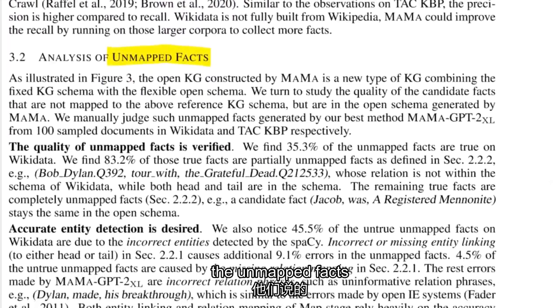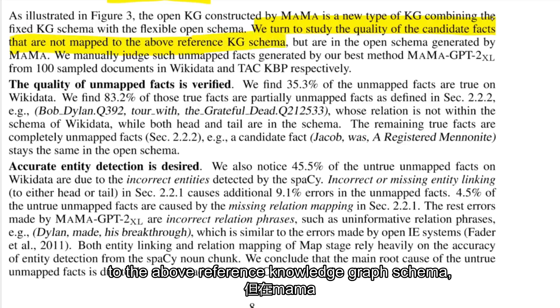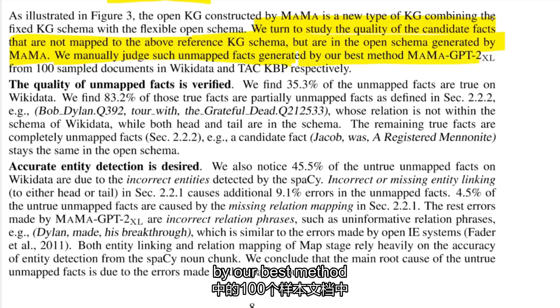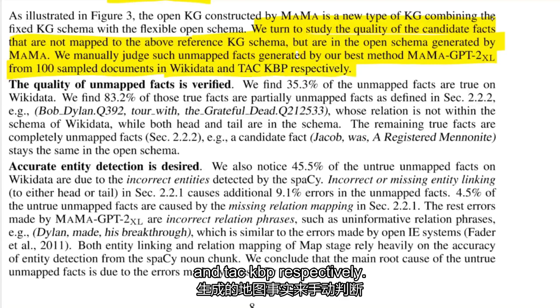Now the unmapped facts, they analyze. "We turn to study the quality of the candidate facts that are not mapped to the above referenced knowledge graph schema, but are in the open schema generated by MAMA. We manually judge such unmapped facts generated by our best method from 100 sampled documents in Wikidata and TAC KBP respectively."